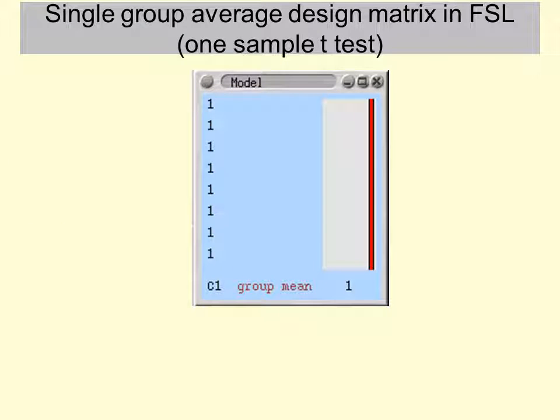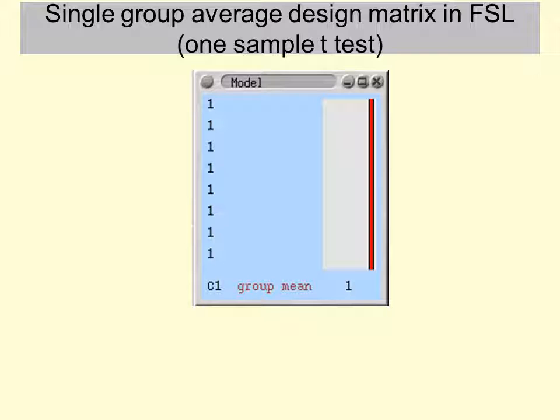Okay, this design matrix is actually the simplest one, and people when they're doing these kind of lectures, they often show this one first because it's the simplest and it's the most commonly used. But it's so simple that it's not obvious what's actually going on, what it represents, which is why I showed you the independent samples design matrix first. So this is a single group average design matrix, or one sample t-test.